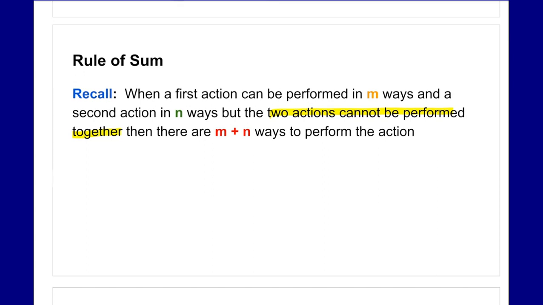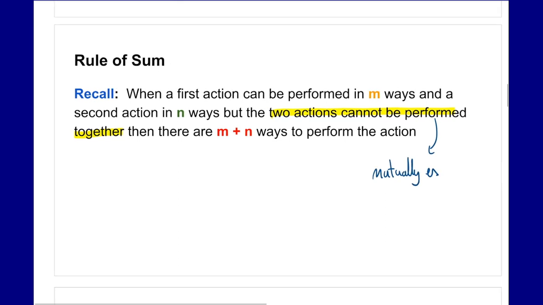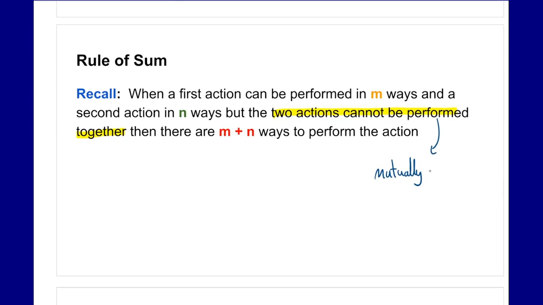This is similar to mutually exclusive, where we've seen that before. And the key word that we've been seeing would be "or", where you have one case or another. Then there are m plus n ways to perform the action. So we're adding in this case, and that's the rule of sum. We're going to be adding cases together.